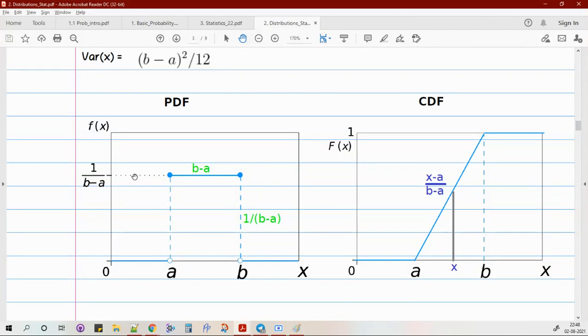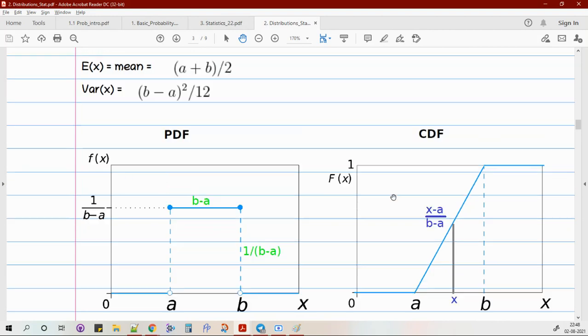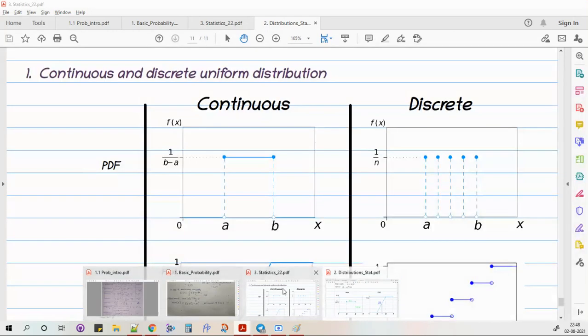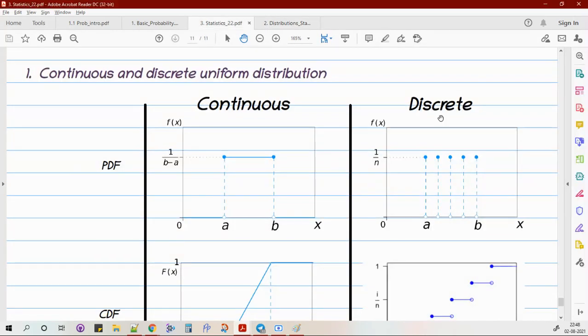In PDF, we cannot say this is probability. This is density. And in case of PMF, or you can say the discrete random variable, if it is a discrete random variable, we have uniform distribution, and in uniform distribution, it is probability, right?